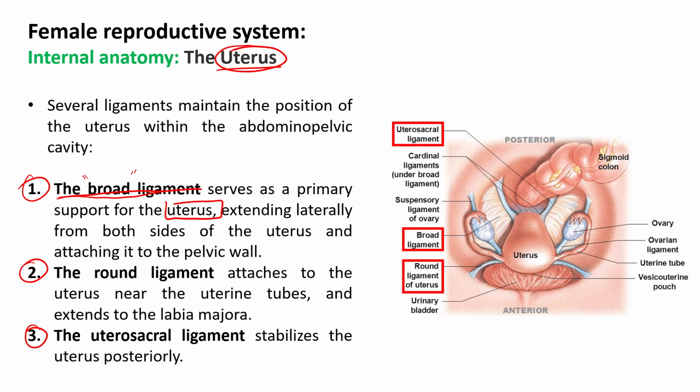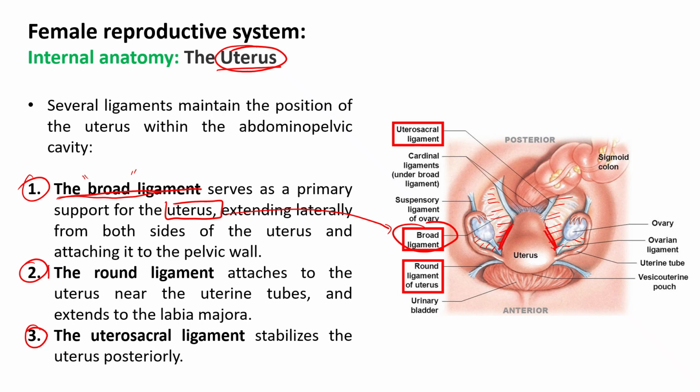So what is this broad ligament? We can see this in this illustration. This is a sheet-shaped connective tissue that is very broad, so it anchors to many parts of the reproductive system. As you can see here with the uterus, it will be this.